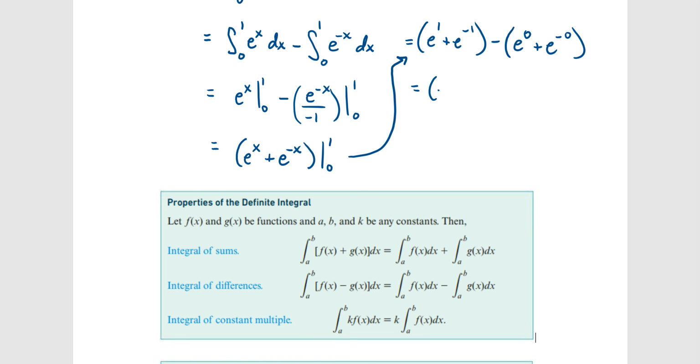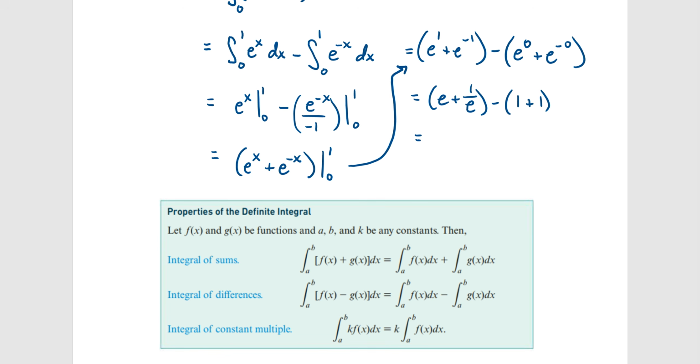That's going to be e plus 1 over e minus e to the 0, which is 1, and e to the negative 0 is just e to the 0, so that's also 1. Simplifying this, it doesn't look too clean. It's e plus 1 over e minus 2. Once again, you could type it in the calculator and get a nasty decimal. I'm just going to leave it like this.